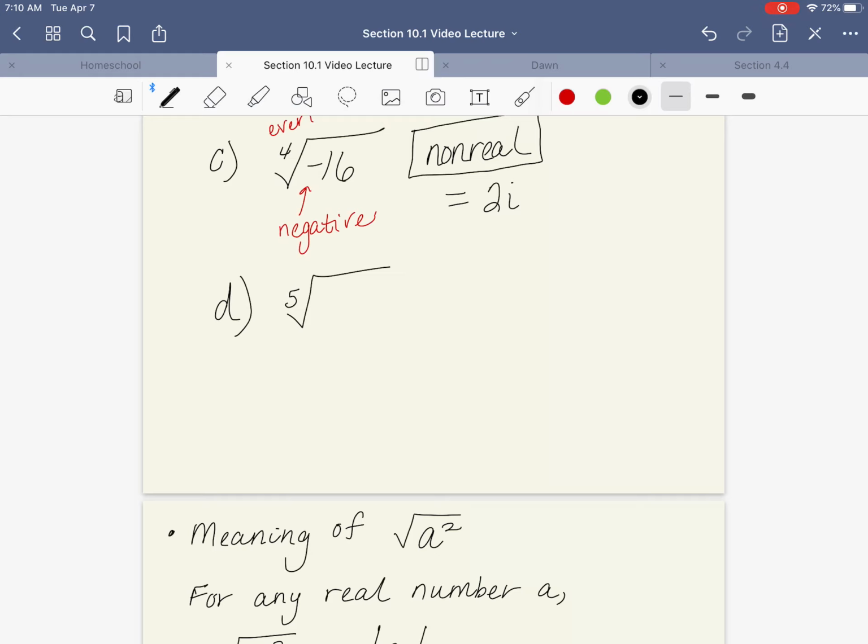All right, D is the negative fifth root of 32. Again, you just carry that negative over into your answer. And 2 times itself 5 times gives you 32. So that would be negative 2.